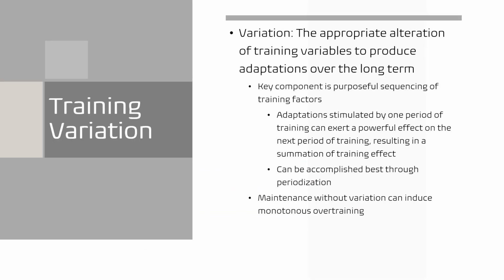Training variation is an important aspect of resistance training that can help maximize muscle growth and prevent plateaus. It is the appropriate alteration of training variables to produce adaptations over the long term. To maximize muscle growth, you should challenge muscles in their fully lengthened, shortened, and mid ranges by rotating exercises.